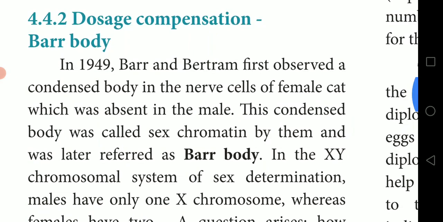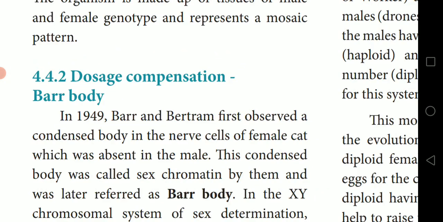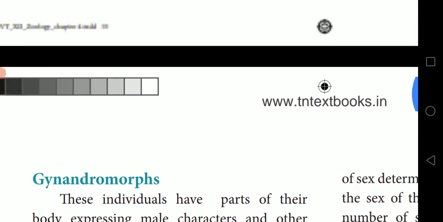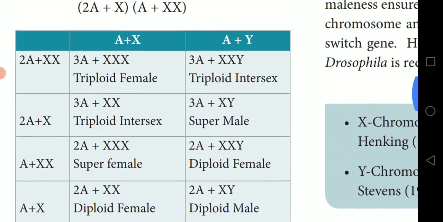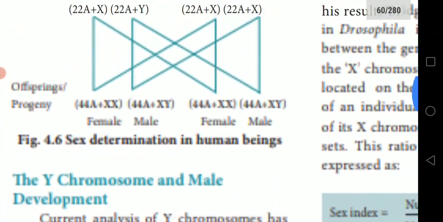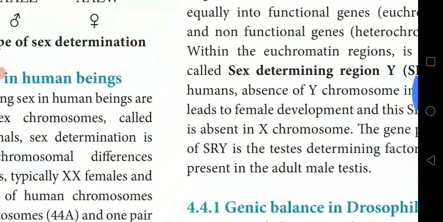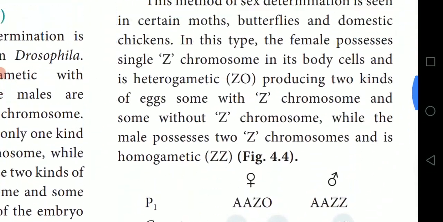Before we enter into dosage compensation in the Barr body, we must know the size of the X chromosome, the size of the Y chromosome, and how many functional genes are there in the Y and X chromosomes. We have already seen this. It is there in your textbook itself.